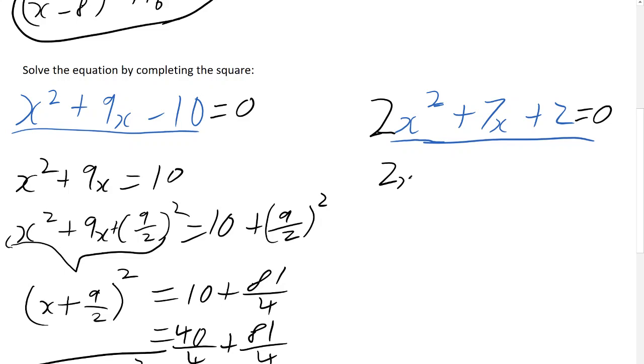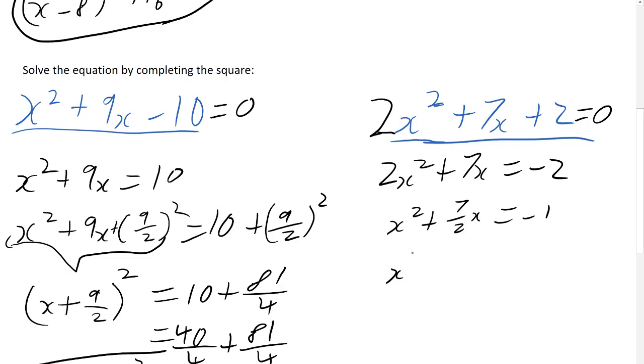So we start with the same step. 7x equals negative 2. And now we just divide by 2. So x squared plus 7 over 2x. We need to get rid of the 2 because there isn't any perfect square that has a leading coefficient of 2. So we have to get rid of that before we can solve using this method.